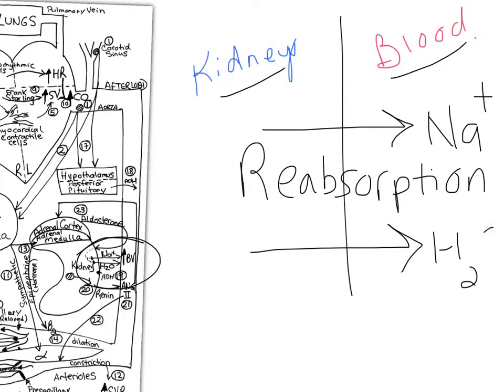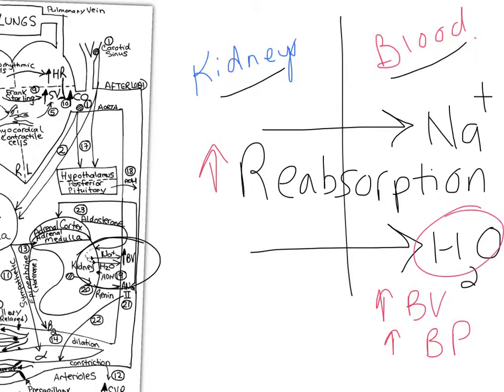So now we're going to have an increased reabsorption of water. What I want to appreciate here is the overall effect. If we increase the movement of water from the kidneys back into the blood, what we are going to do is increase blood volume, and what that results in is an increase in blood pressure. So, if you increase reabsorption of water, you are going to increase blood pressure.